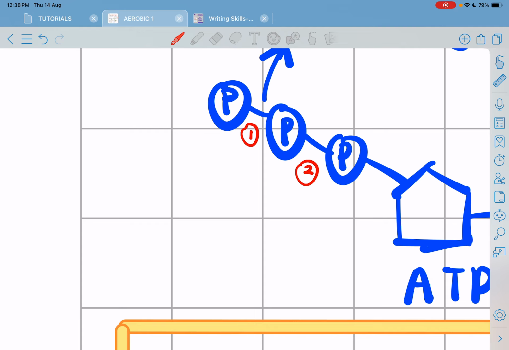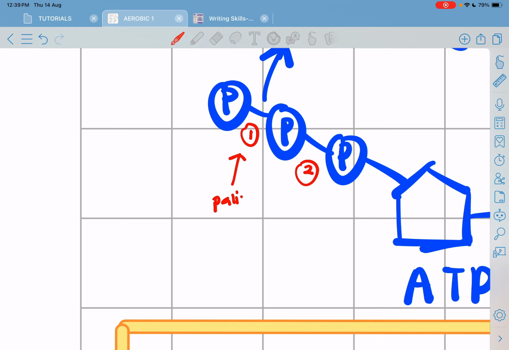Always make sure that, I don't know how the exam question is going to be like, but if they ask you which one has the highest energy bond, at least you know that the highest energy bond will always be this one, the one at the very end.